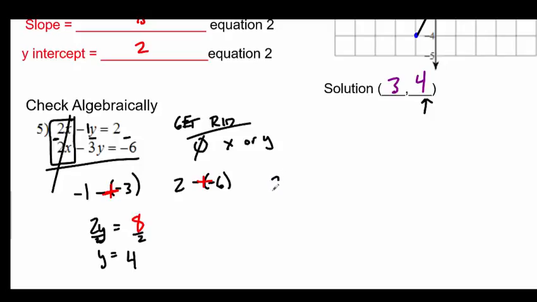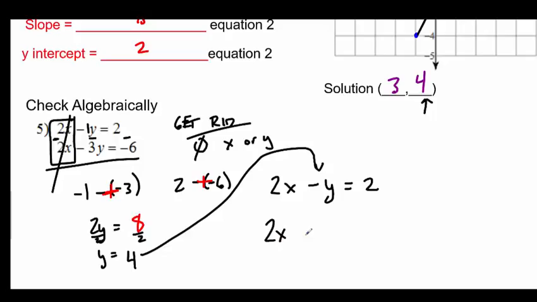So now that I know that y is 4, I'm going to just plug it into one of the original equations. I had 2x minus y equals 2. It doesn't matter which you pick. I personally like to pick the easiest one of the two to plug into. So I'm going to plug the 4 in place of y, because that's what y is equal to.